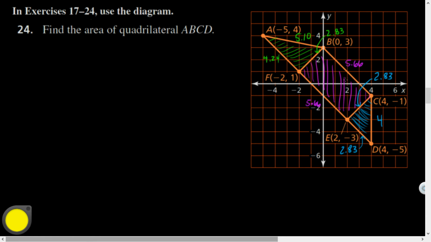The orientation of this is a little bit inconvenient to work with, but you can just do a whole bunch of distance formulas, and then you found the perimeter and did stuff like that. Let's find the area of the entire solid by adding up the areas of all of these regions. So the area of the triangle, the green part, would have been half of 4.24 times, and this is probably part of a previous problem, 2.83.